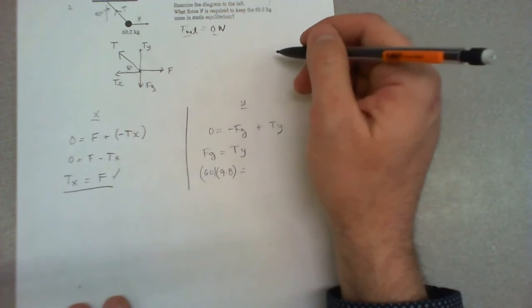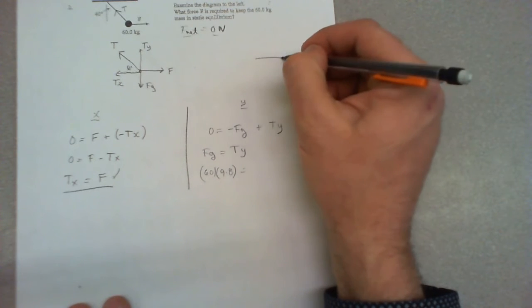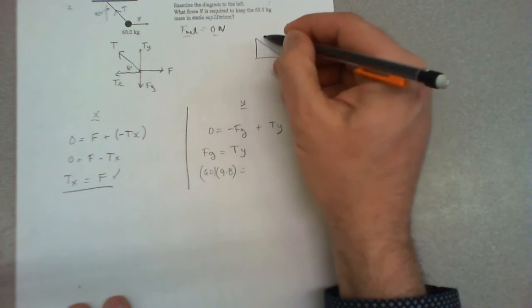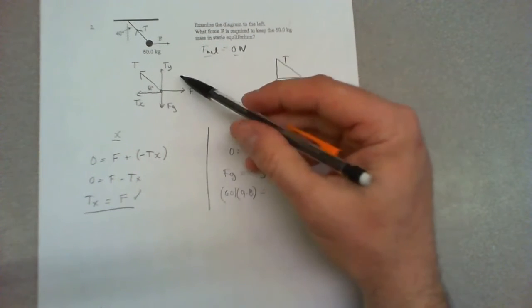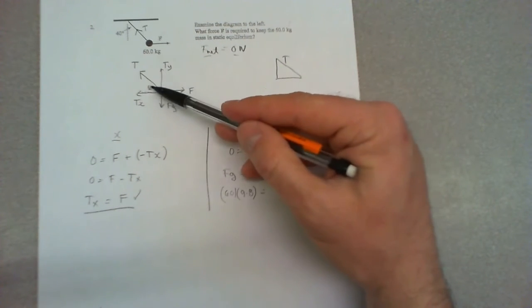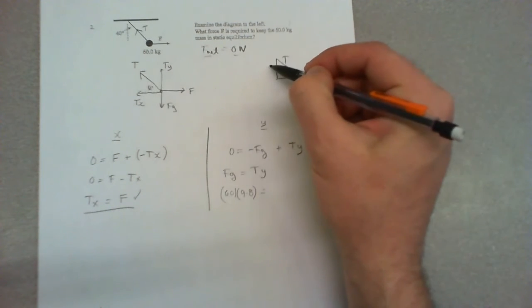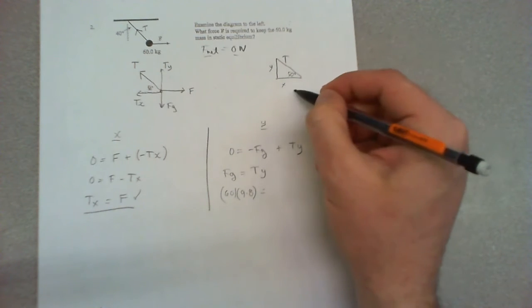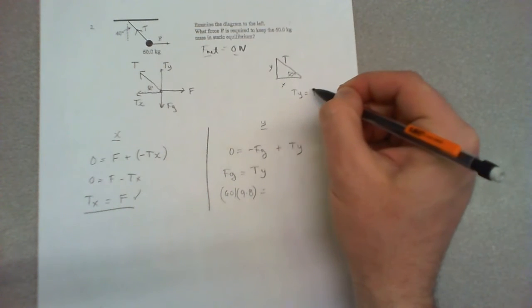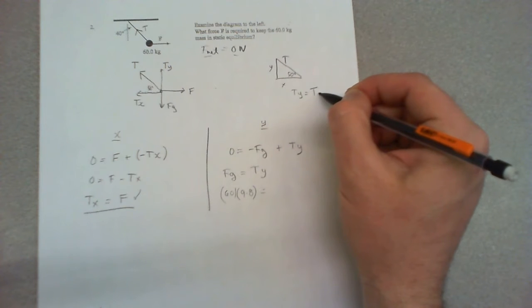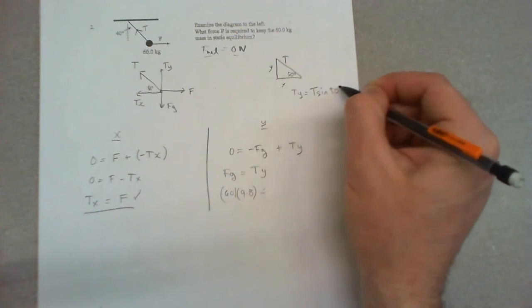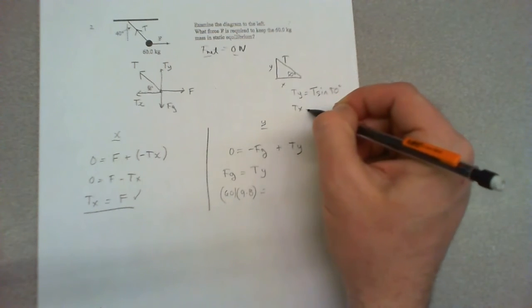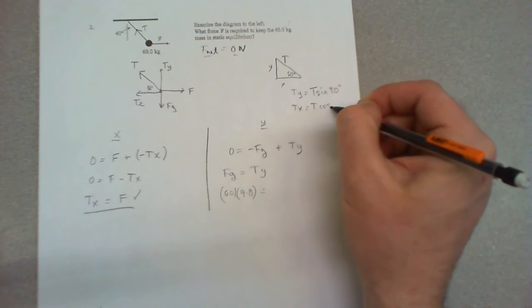Now, Ty, of course, if we look at our triangle for tension as we have up here, Ty is the opposite side. So there's Y and X, and that's 50 degrees. So Ty would equal T times sine 50, and Tx would equal T times cos 50.